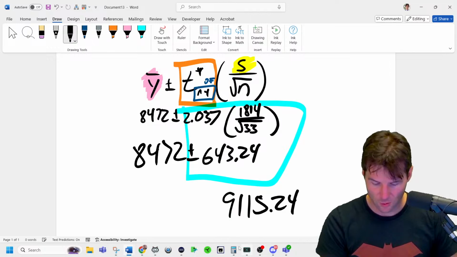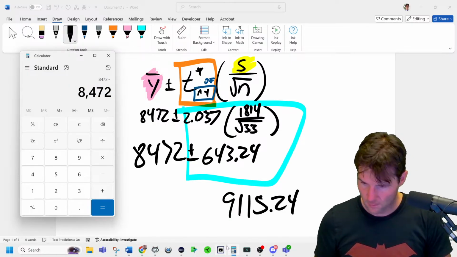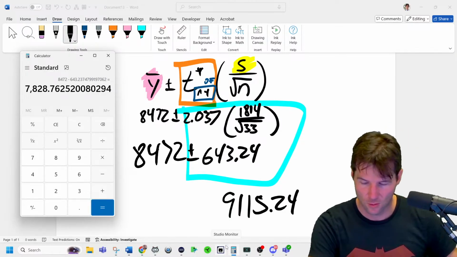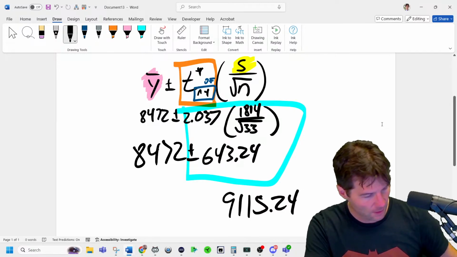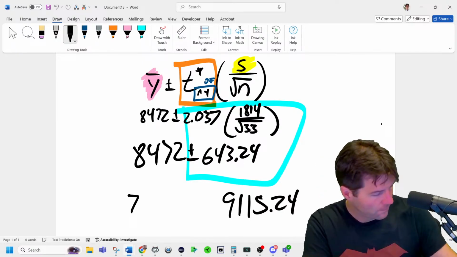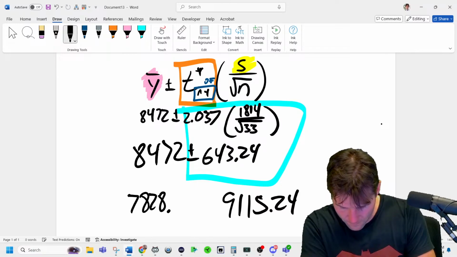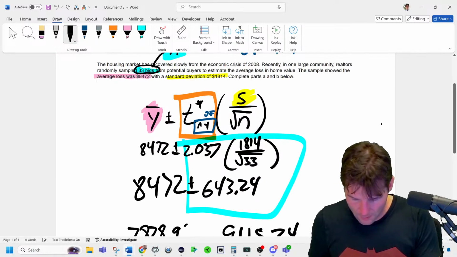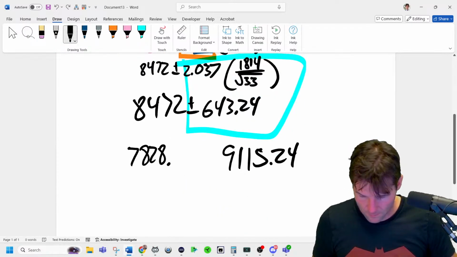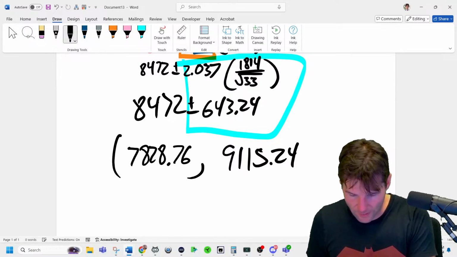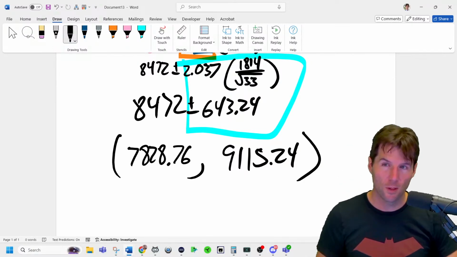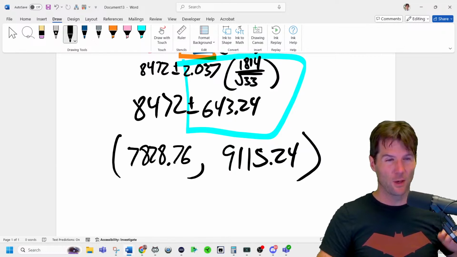And then we subtract it. We go 7828. Nope, 76. And there are the bounds, the lower and the upper.